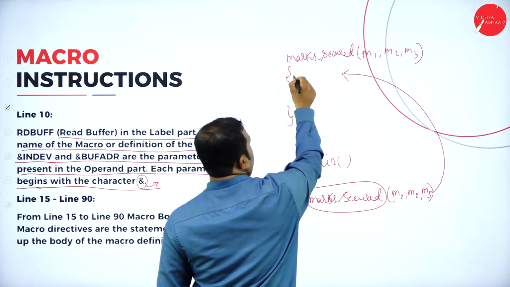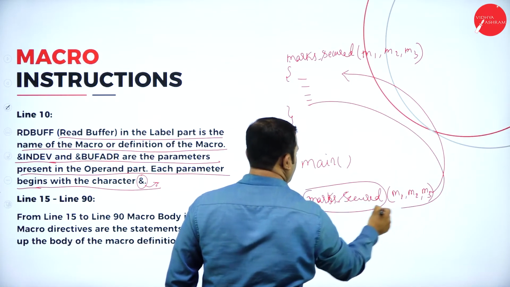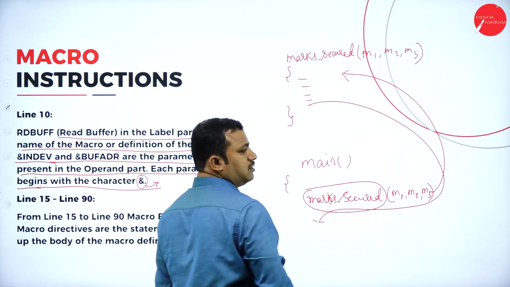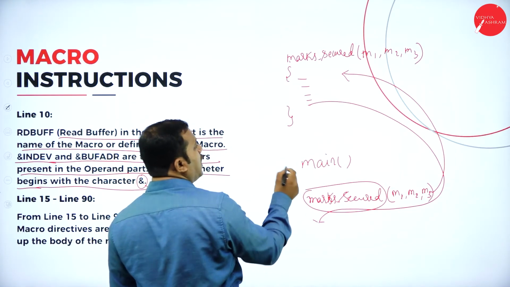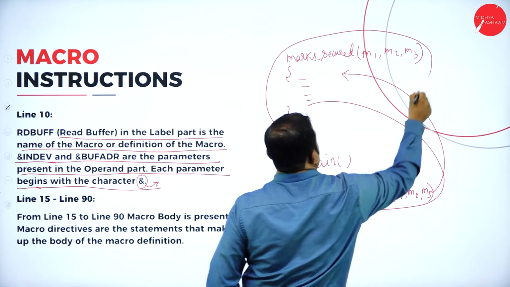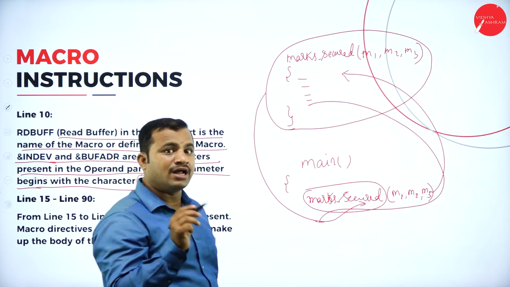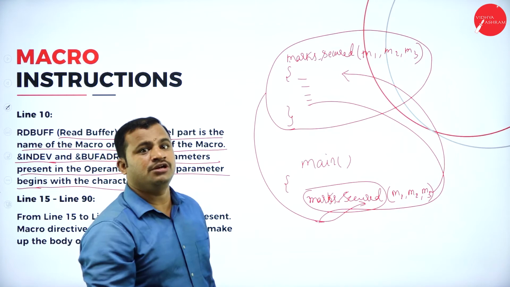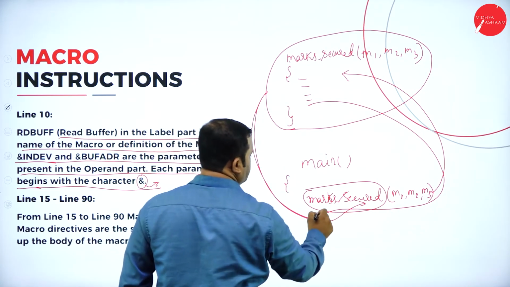After executing all the statements written inside it, it returns back to the location of the next instruction. This is how it normally goes on. But in the case of a macro, what happens is that the entire definition is placed in the location of the call during the time of execution.